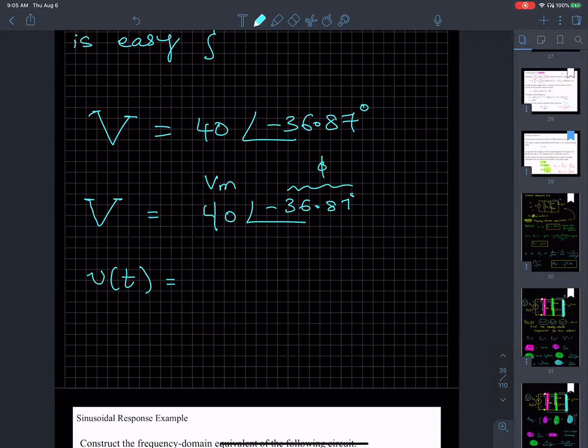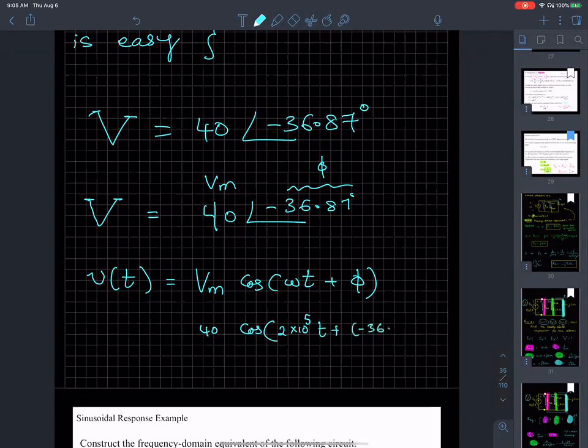So in the time domain, it's going to be Vm cosine omega t plus phi, where Vm is 40 and omega was given to be 2 into 10 to the 5, so 40 cosine 2 into 10 to the 5 t plus phi, where phi is negative 36.87 degrees. All of this is in volts.